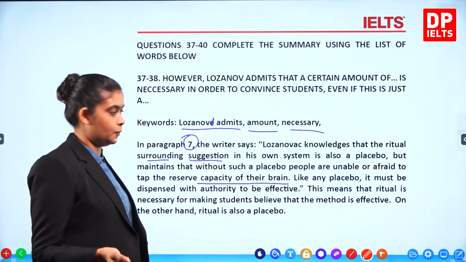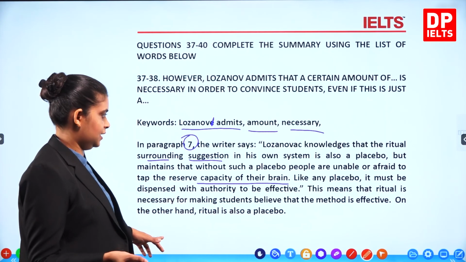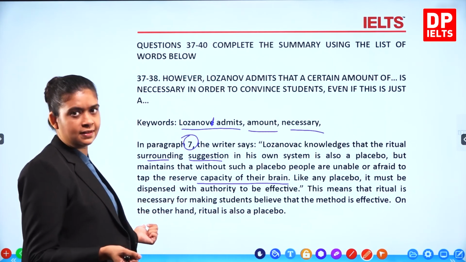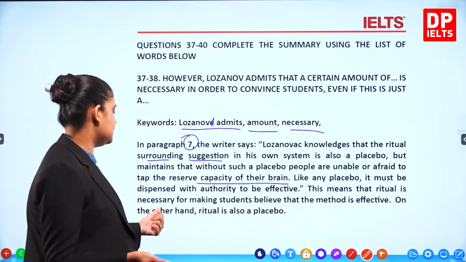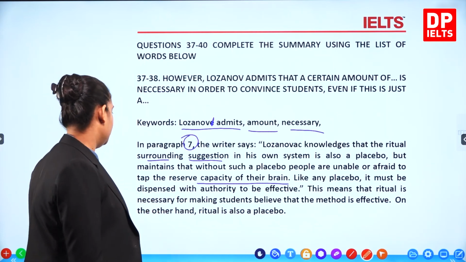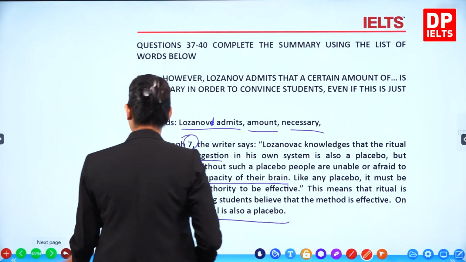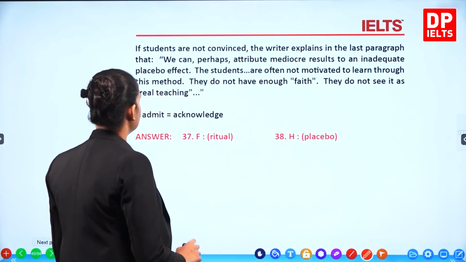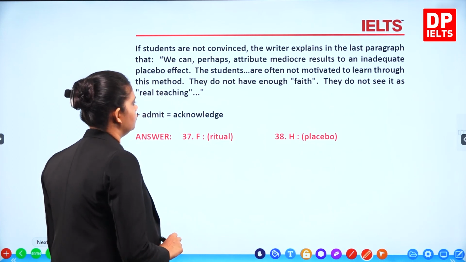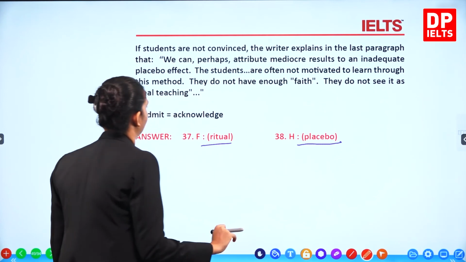Like any placebo, it must be dispensed with authority to be effective. This means that ritual is necessary for making students believe that the method is effective. On the other hand, ritual is a placebo, right? So, 37 should be ritual, 38 should be placebo.